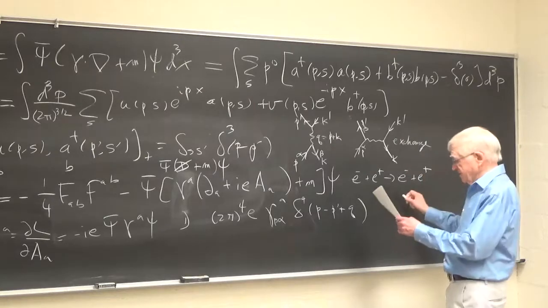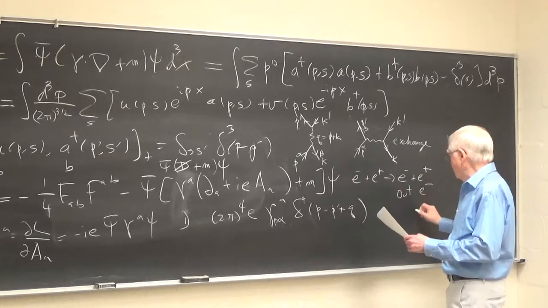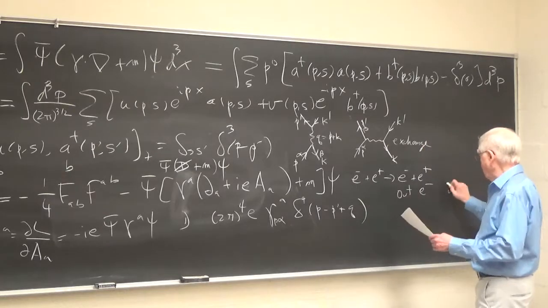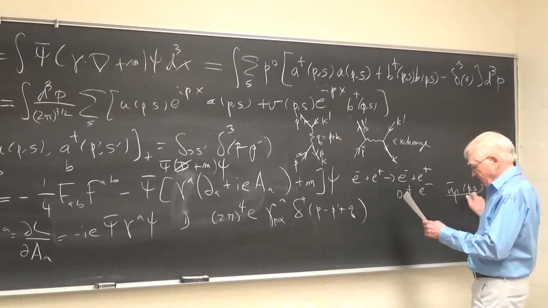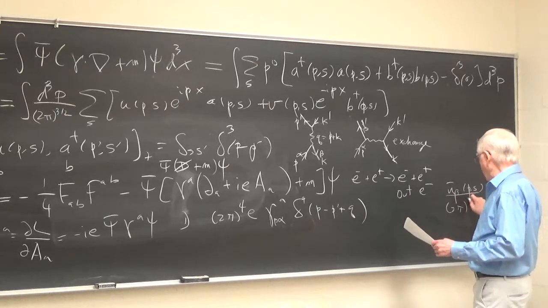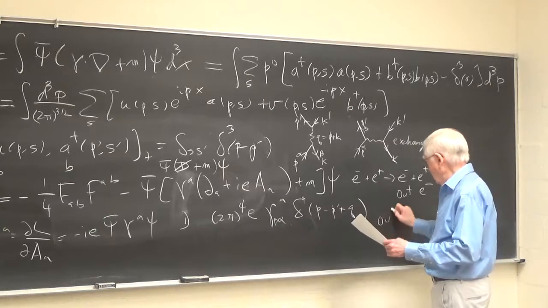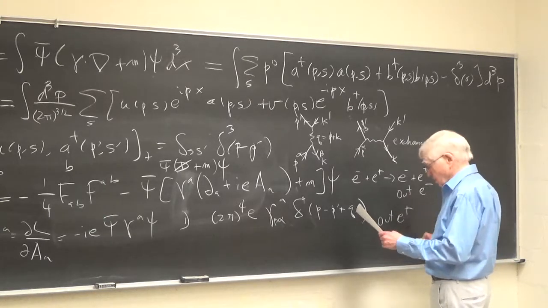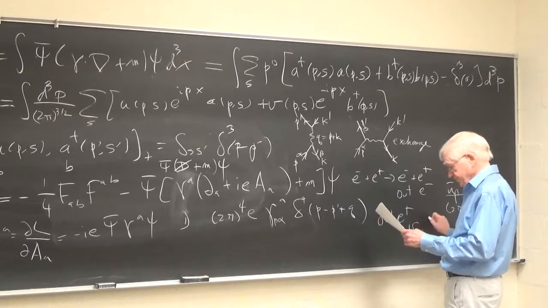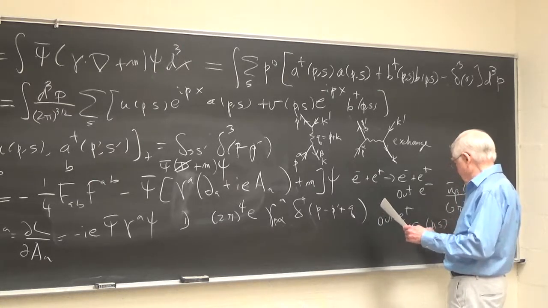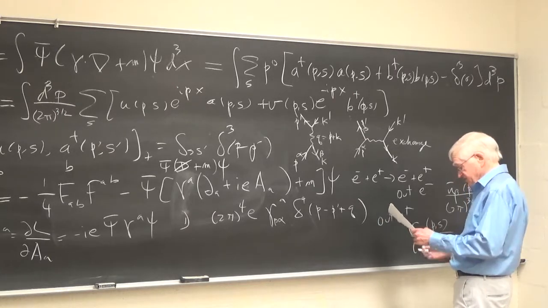The second rule is outgoing electron line, U bar beta of P and S over 2 pi to the 3/2. Outgoing positron, you have V alpha of P and S over 2 pi to the 3/2.